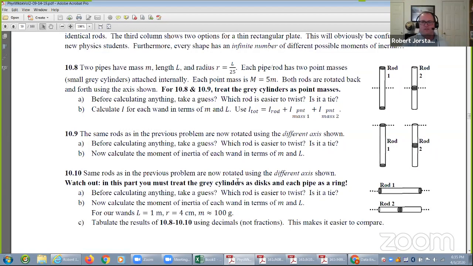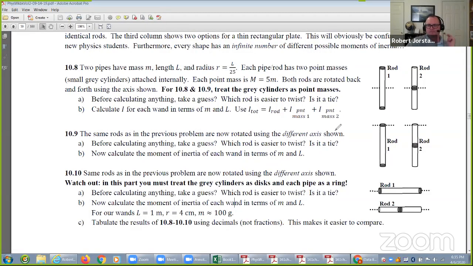So think about this. Which one out of all those has the mass close to the axis? I'll give you a second to think. These two. All the mass is pretty much right on the axis. Look at it.